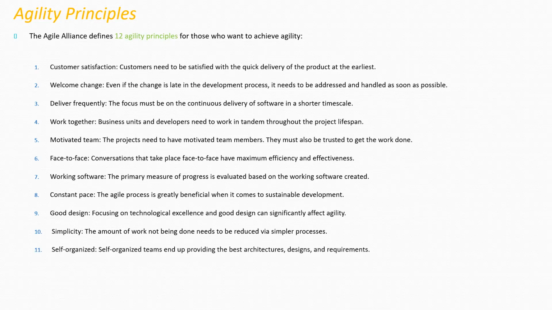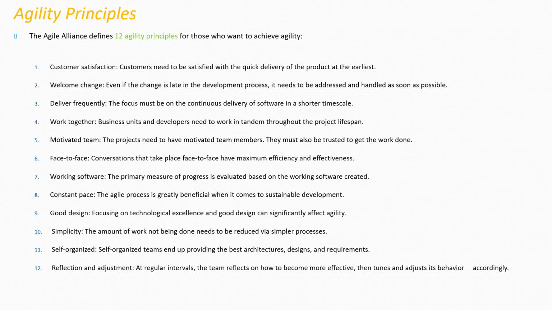Next one is self-organized teams, which end up providing the best architectures, designs, and requirements. You yourself should have an organized team where you will be able to give the best architecture, best designs, and the requirements. The last one is reflection and adjustment.